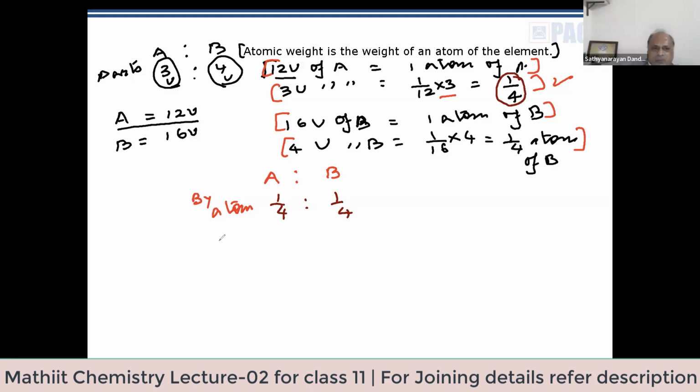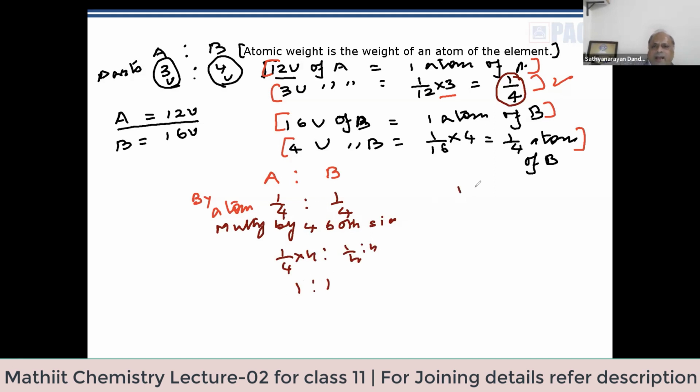So can I multiply both sides by 4? If I multiply by 4, 1 by 4 into 4 is to 1 by 4 into 4, which is nothing but 1 is to 1.